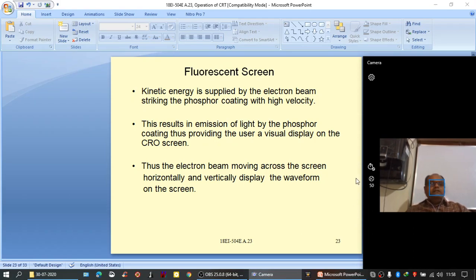That is, all the luminous spots connected together will form a wave shape. Because of the persistence time, the human eye can remember all the luminous spots, and we can visualize the pattern as a wave shape. Thus, the electron beam moving across the screen horizontally and vertically displays the waveform on the screen.